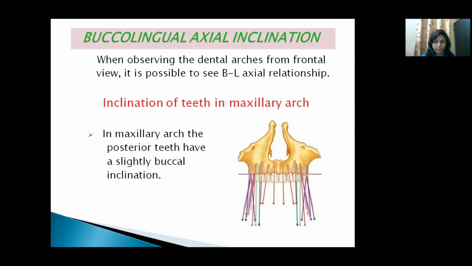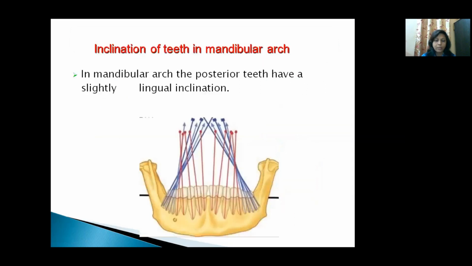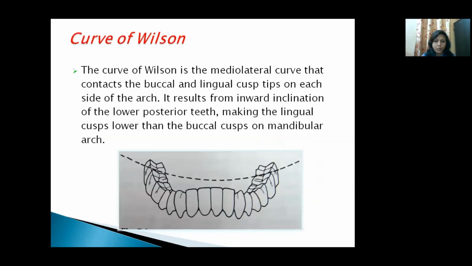Whereas in the mandibular arch, we can see all the teeth have a slight lingual inclination. Based on this buccolingual inclination, there is a compensating curvature known as the curve of Wilson. It is a mediolateral curve.